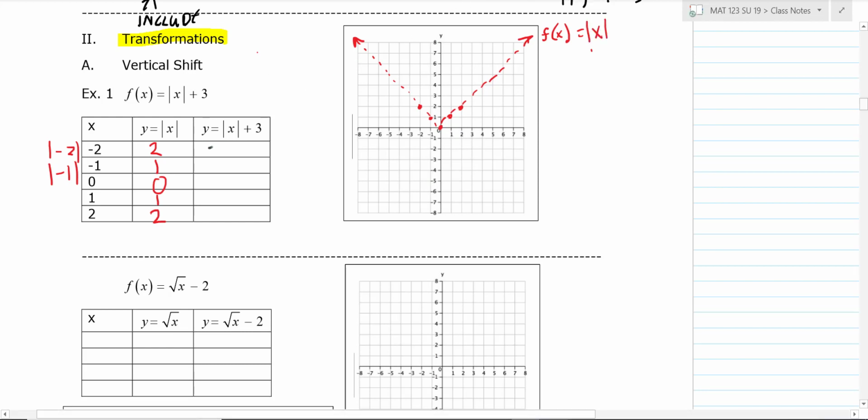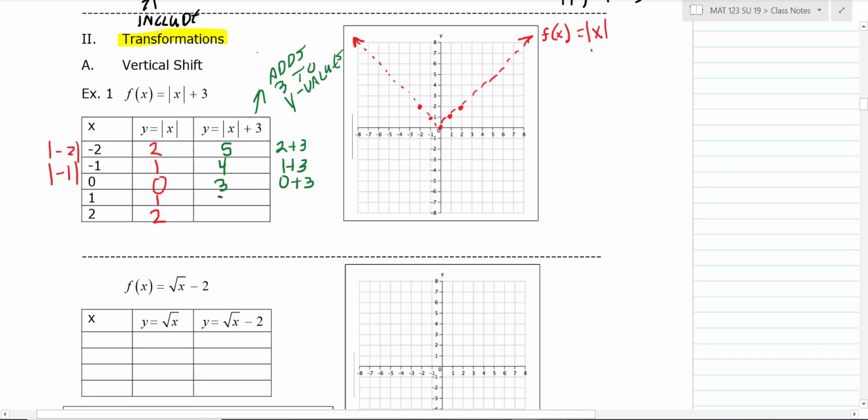Okay, well, what we do is we add 3 to this. So what this 3 does is it just adds 3 to these y values. All these things here get bigger by 3. So 2 plus 3 is 5, 1 plus 3 is 4, 0 plus 3 is 3, and so forth.